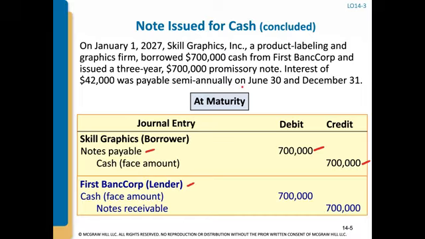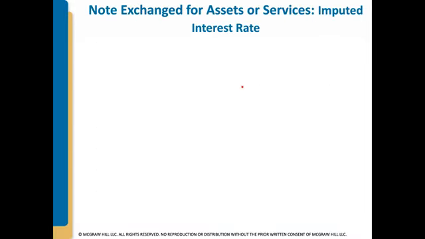And then the lender, Bancorp, will receive the cash, so they're going to debit cash $700,000, and credit the notes receivable off of their books. So that's a pretty straightforward, simple note payable for cash.